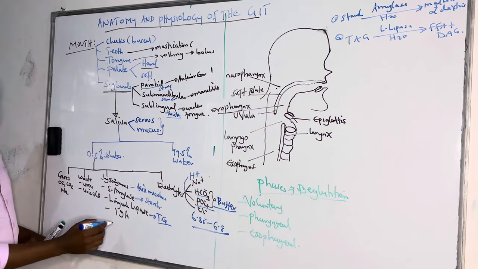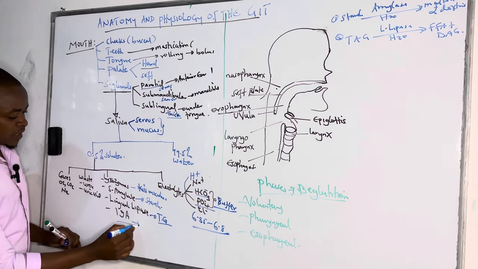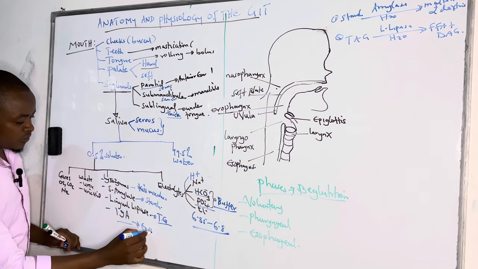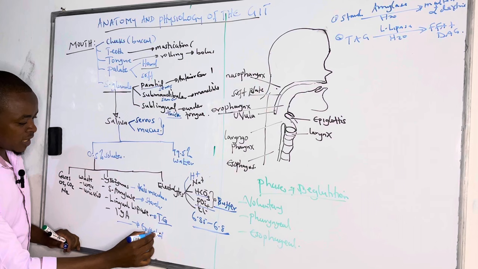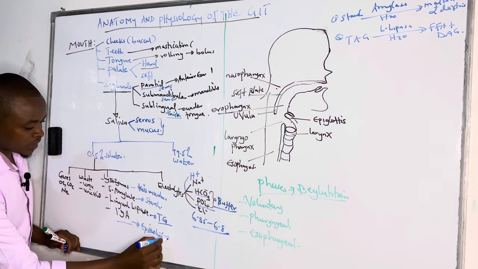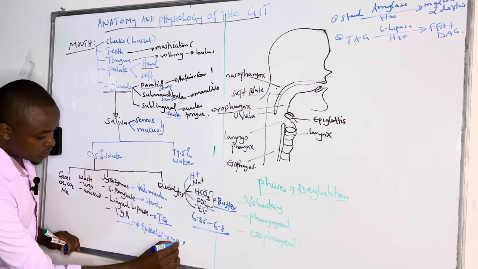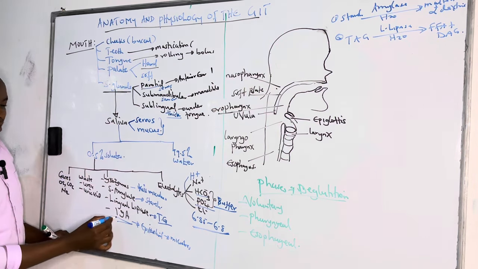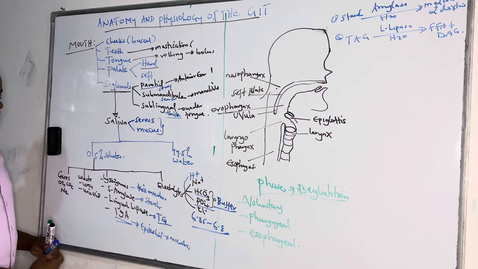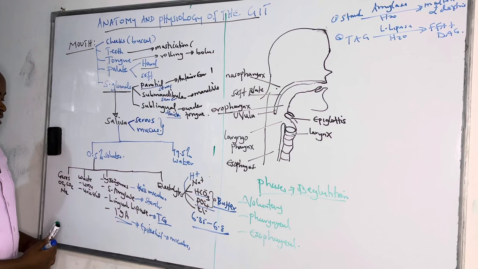Then we see IgA protecting the epithelial lining of the mouth from being attacked by microbes. So it is providing immunity in the mouth. That is the role of IgA.